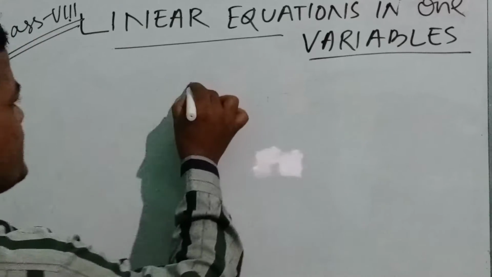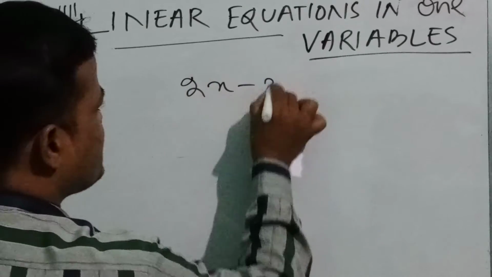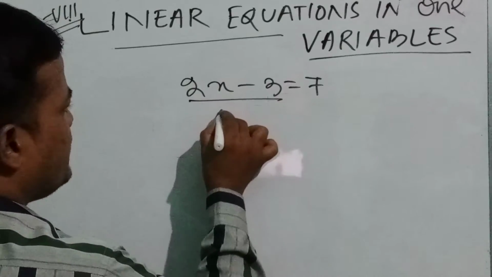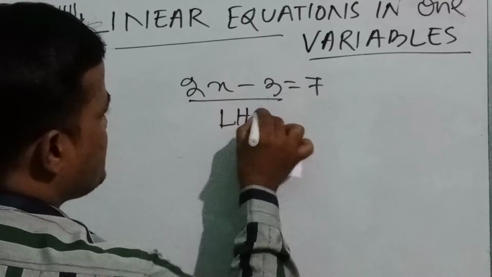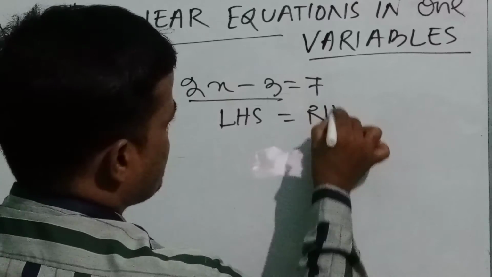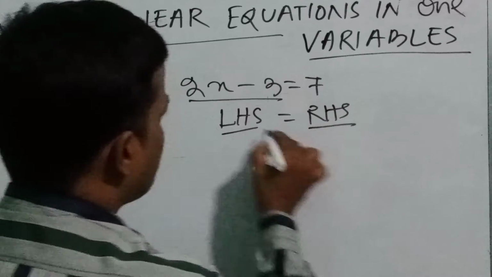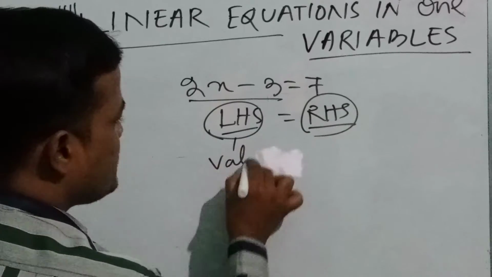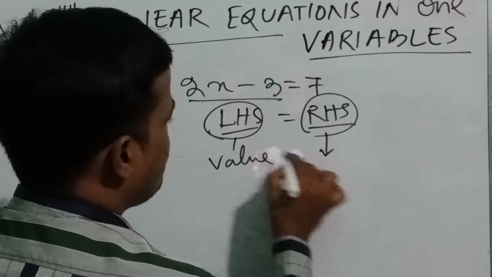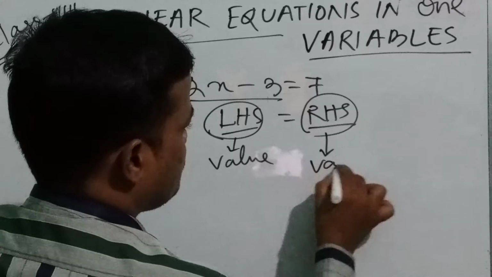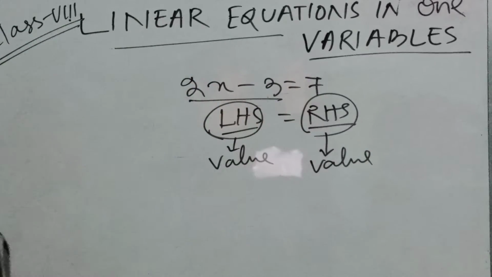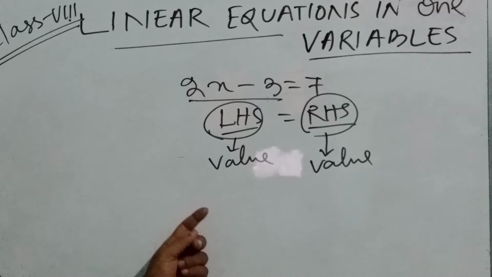So in this equation again we are writing 2x minus 3 equal to 7, suppose. In this case LHS is equal to RHS. That means the value of the left hand side is equal to the value of the right hand side. Okay friends, the value of left hand side is equal to the value of right hand side.